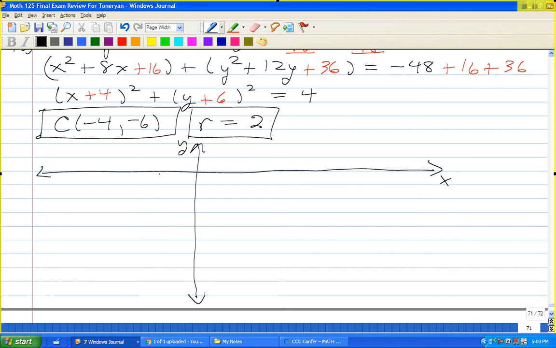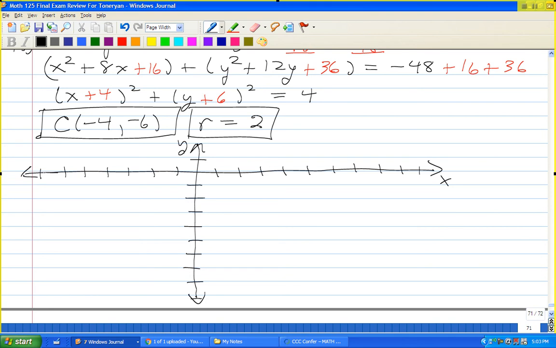Let's draw this. Putting all my tick marks. Uh-oh. Have to go to 6. 1, 2, 3, 4, 5, 6. Okay, that's good.